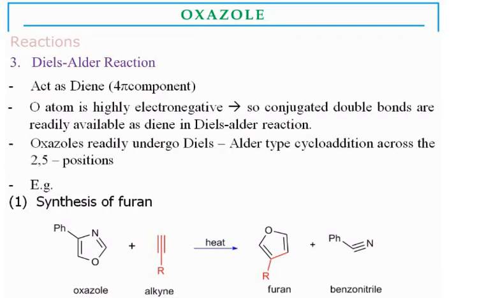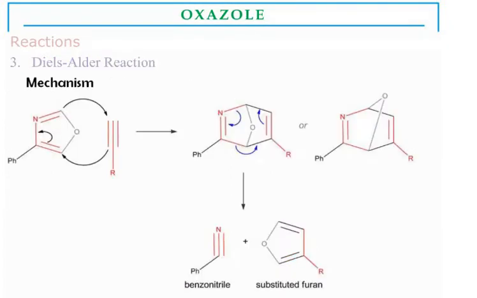You can see here synthesis of furan from oxazole. So oxazole reacts with alkyne, it gives furan and benzonitrile. Diels-Alder reaction, you can see the formation of substituted furan.